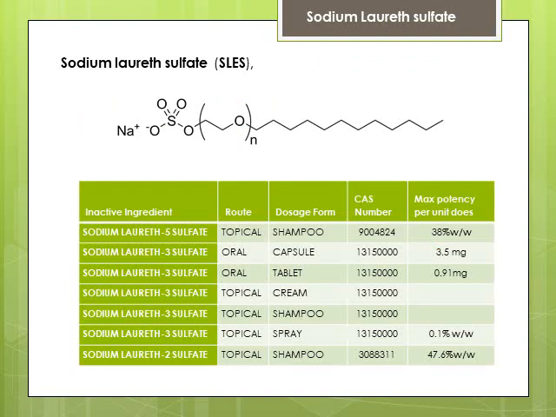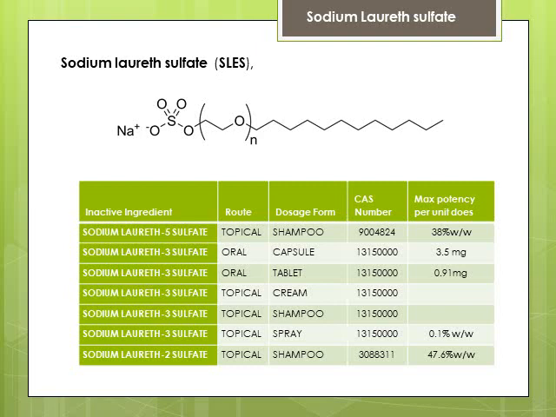According to the FDA IID database, there are different grades of this material. They could be sodium laureth 2 or 3 or 5, and I'm quite sure there are other grades, let's say 8. And also according to the IID limit, they can be used in shampoo or in semi-solid or solid dosage forms.